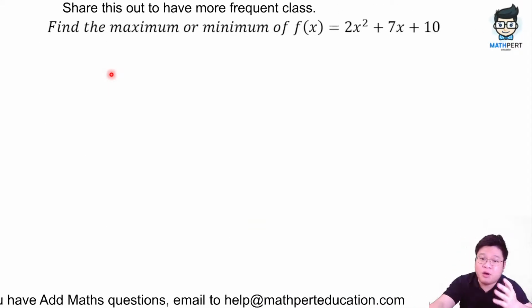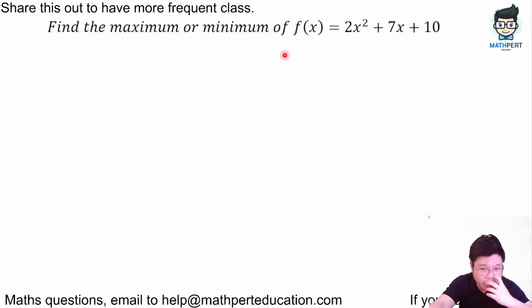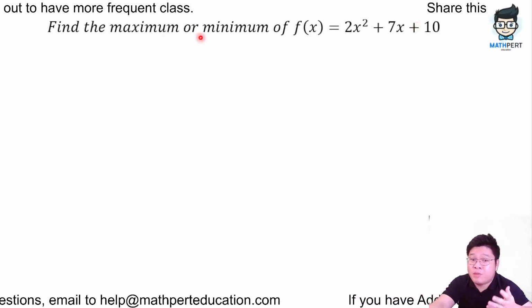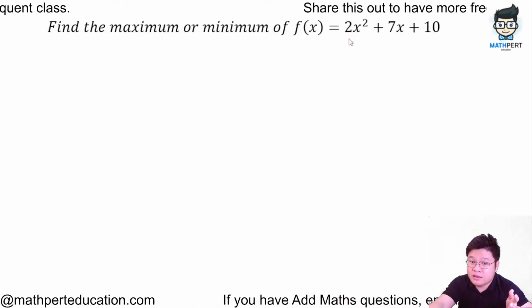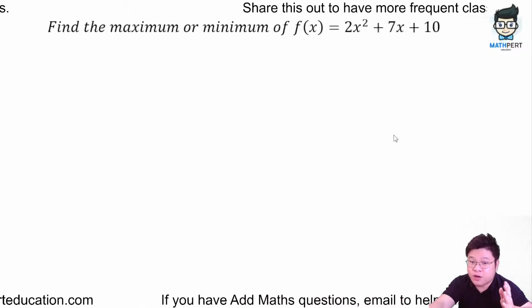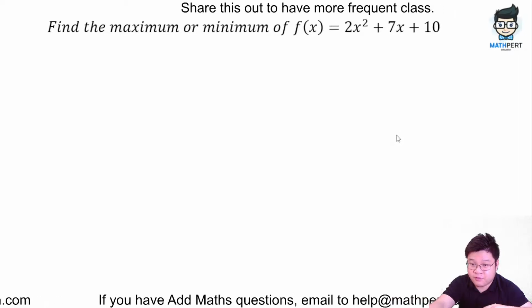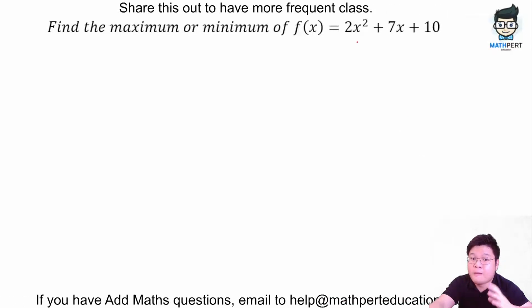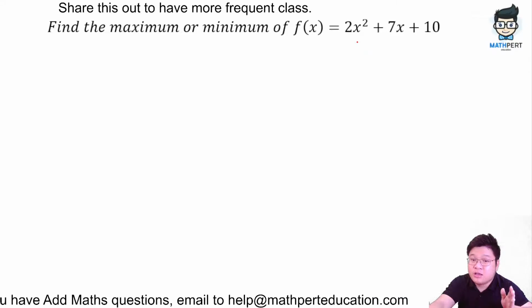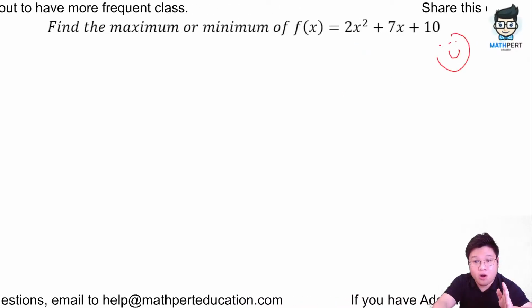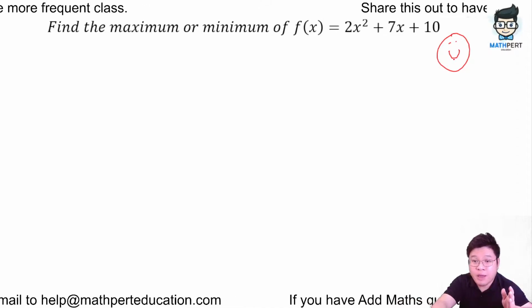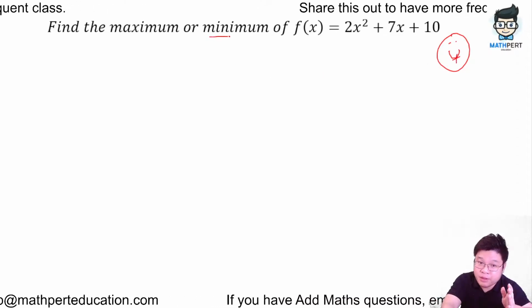Okay, find the maximum or minimum point for this. So maximum or minimum, let's decide. A, is this the coefficient of x squared positive or negative? It is positive, isn't it? So positive, that means you have more. When you have more, you feel happy. So this is the minimum.